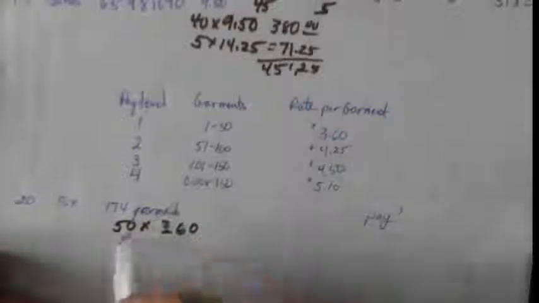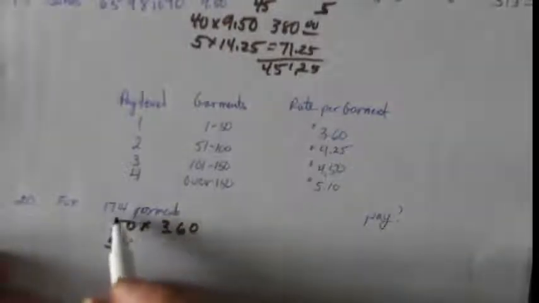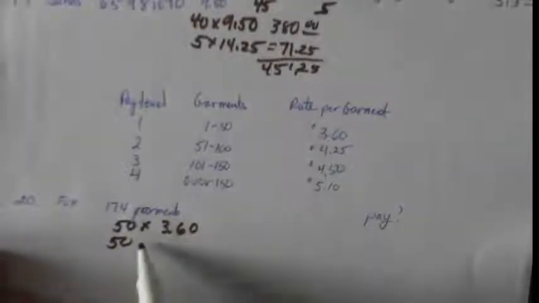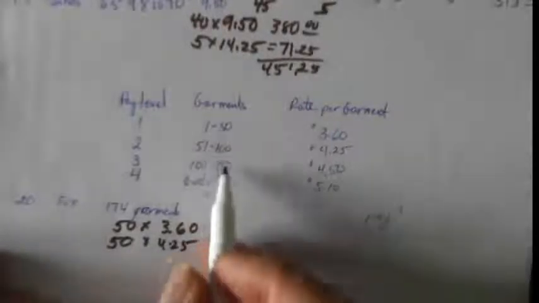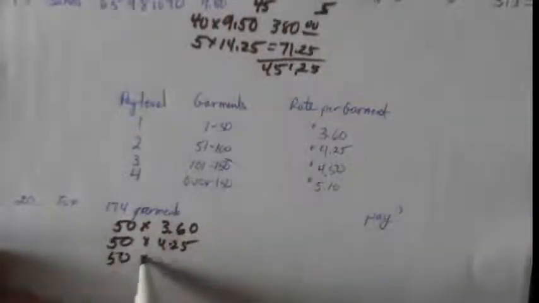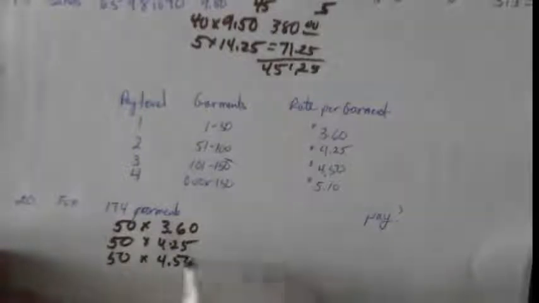For the next 50, because he did 174 here, he's going to get $4.25. Okay, and so that takes you up to 100. He's got 174. So the next 50, because we're in 50 lots here, it's going to get $4.50. And for the last 24, they're going to get $5.10.